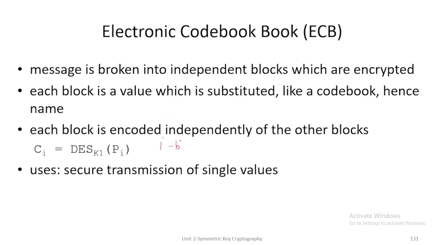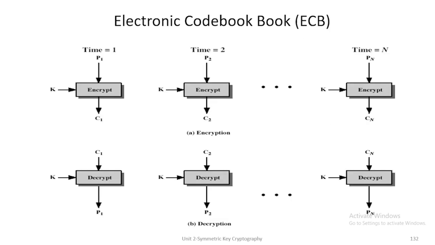If you want to implement the DES algorithm, each block should contain a 64-bit value. If more than 64 bits are available, we divide into 2 blocks or 3 blocks. Depending upon the size of the message, that message is broken into 64-bit blocks, and for all the blocks, we implement the DES algorithm.